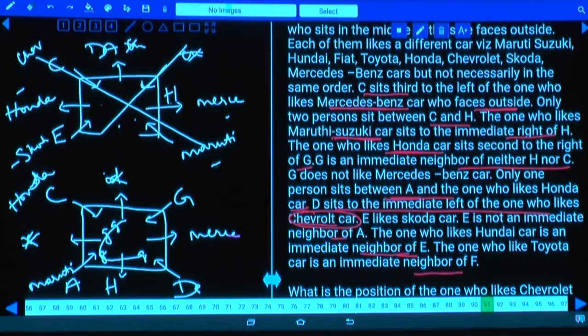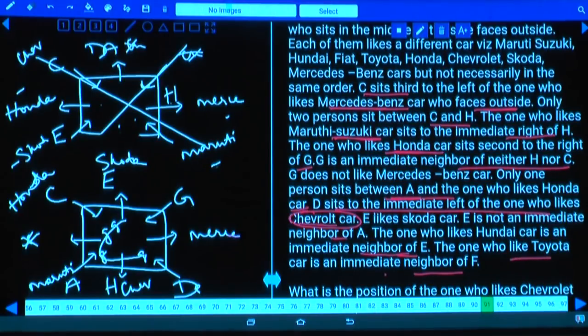If D is here, hence where should this E be? E must be here. And this E likes which car? E likes Skoda car. And this D likes what? The immediate left of D is Chevrolet, and this H is Chevrolet car. Done? Hence, what else is left over here? The one who likes Toyota is an immediate neighbor of F. Hence F cannot be at this place.